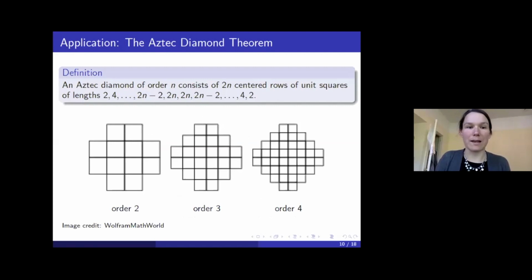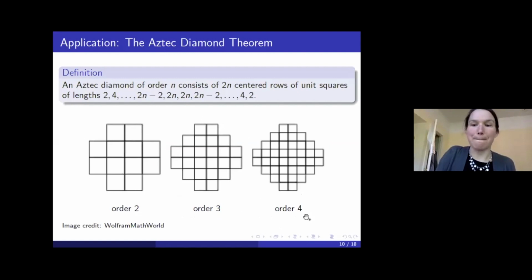So an Aztec diamond of order n consists of 2n center rows of unit squares of length 2, 4, 6, and so on, all the way up to 2n, and then back down 4, 2. So shown are Aztec diamonds of order 2, order 3, and order 4.